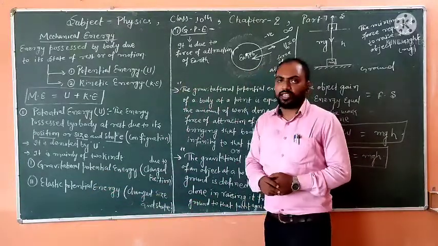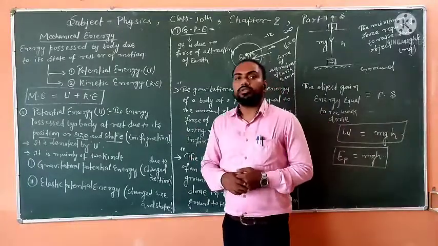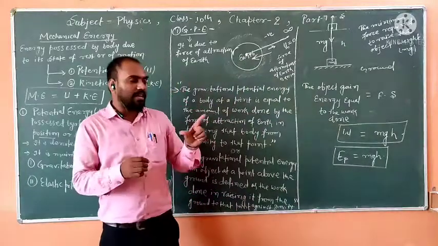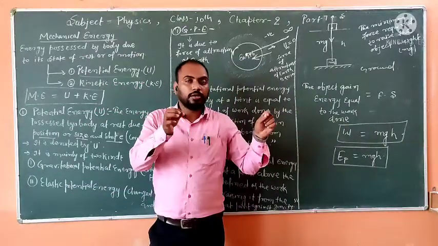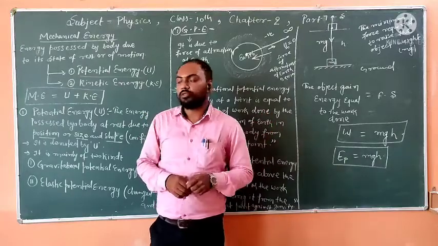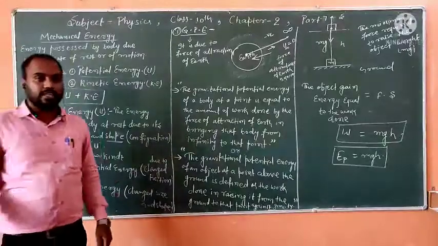Next, elastic potential energy. Elastic potential energy is due to change in shape and size. If you have an elastic rubber, you pull it and leave it, it will come back to its position. It is due to elastic potential energy.